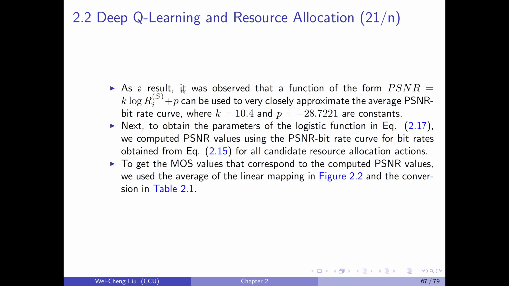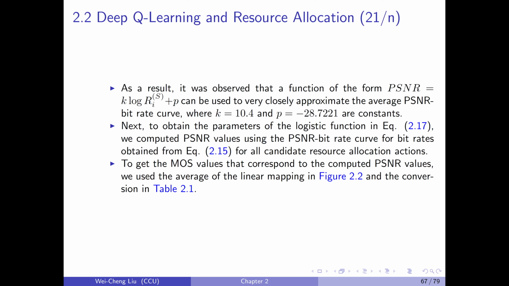As a result, it was observed that a function of the form PSNR is equal to K times log R_IS plus P can be used to very closely approximate the average PSNR bit rate curve, where K is equal to 10.4 and P is equal to negative 28.7221 are constants.